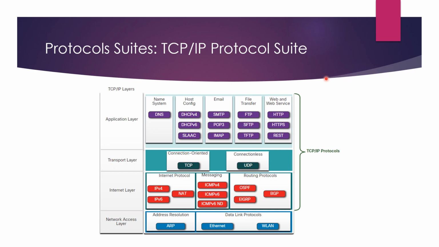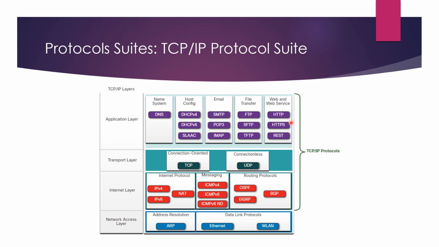And so we will have even the protocols for the web and web services. We have the Hypertext Transfer Protocol, which sets the rules for exchanging text, graphic images, sound, video, and other multimedia files on the World Wide Web.